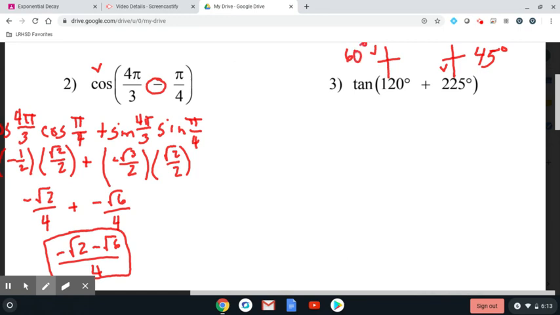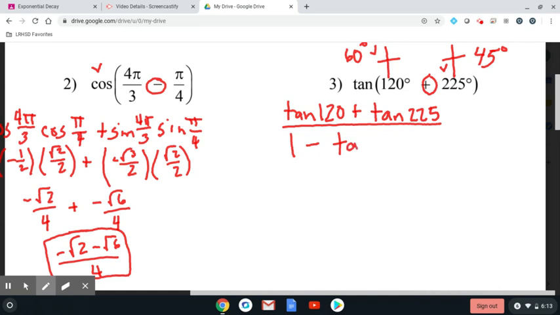So using the sum of tangent identity, we end up with tangent of 120 degrees plus tangent of 225 degrees, and that's all over 1 minus tangent of 120 times tangent of 225.